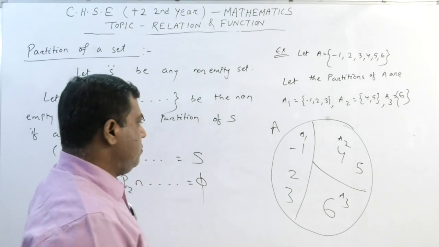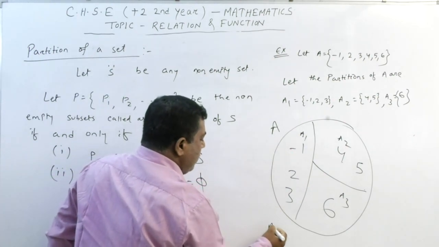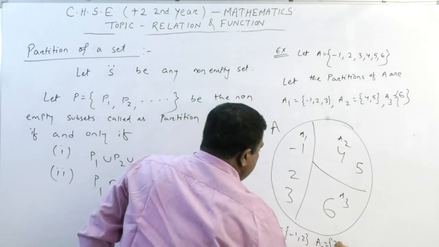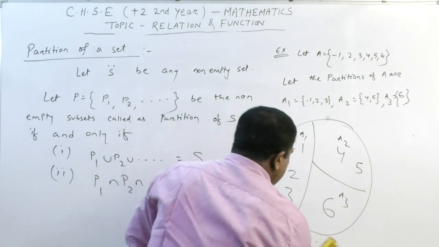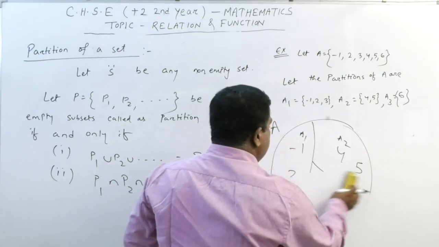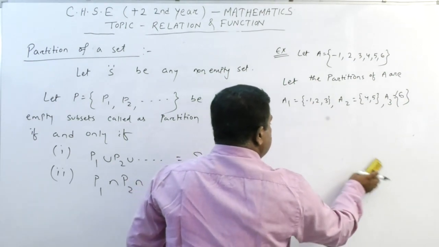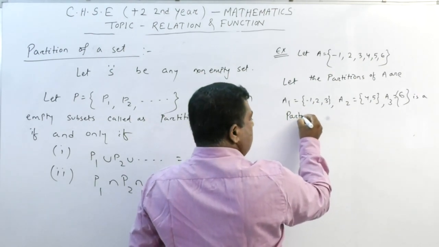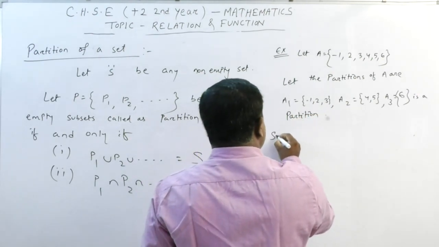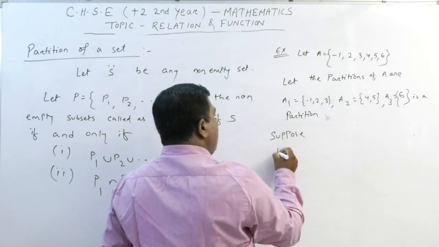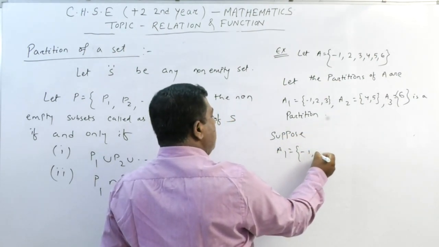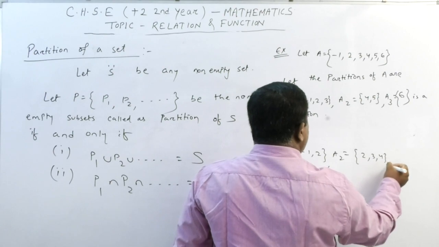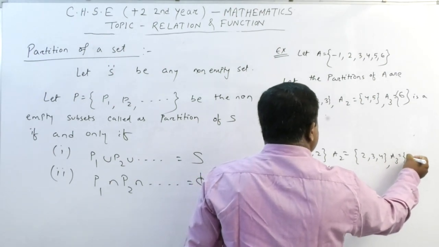Suppose somebody writes A1 equal to {-1, 2}, A2 equal to {2, 3, 4}, and A3 equal to {5, 6}.